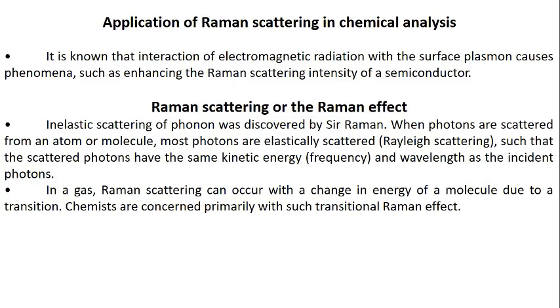This is key in gases, where energy changes reveal molecular properties. In chemical analysis, we focus on this transitional Raman effect to study molecular structures. Excitingly, when electromagnetic radiation interacts with the surface plasmons, it can enhance Raman scattering intensity, especially in semiconductors, boosting our ability to detect and analyze chemicals with precision. But how does this powerful technique transform chemical analysis?